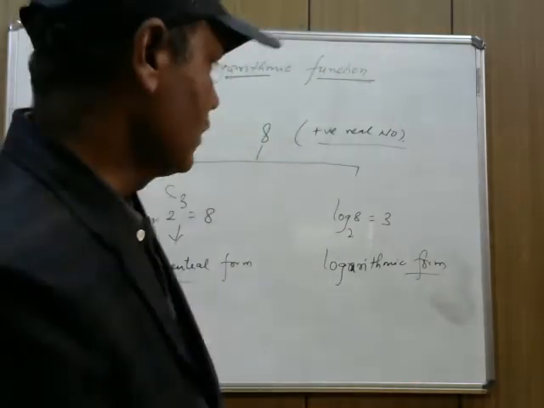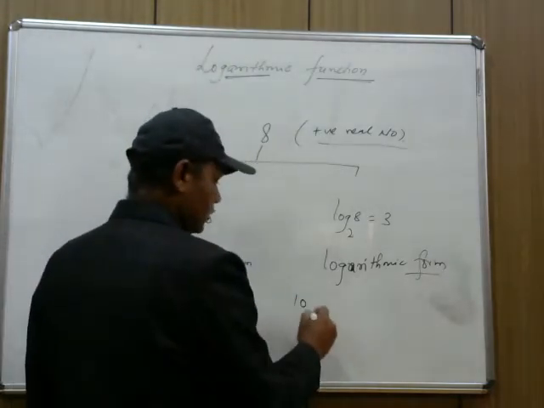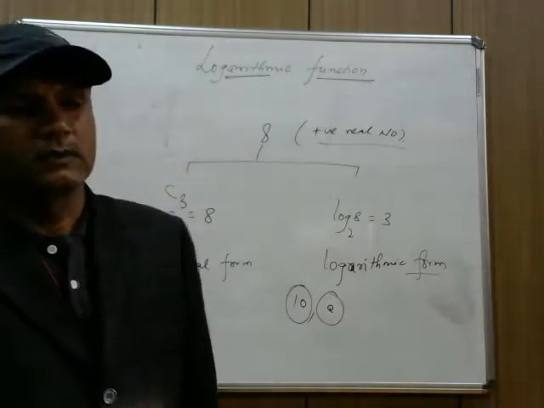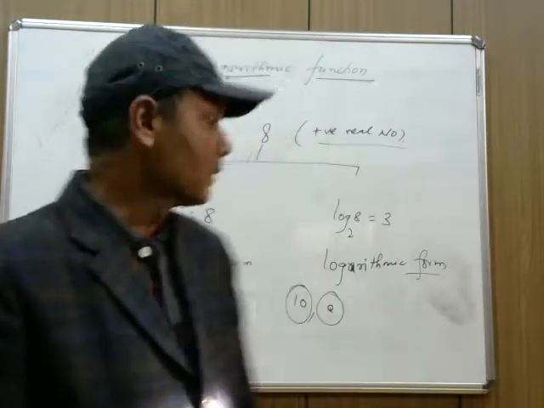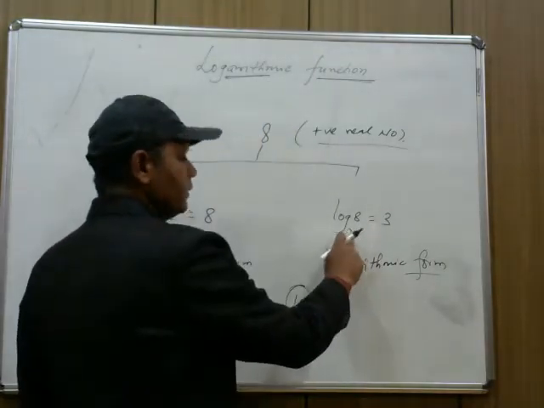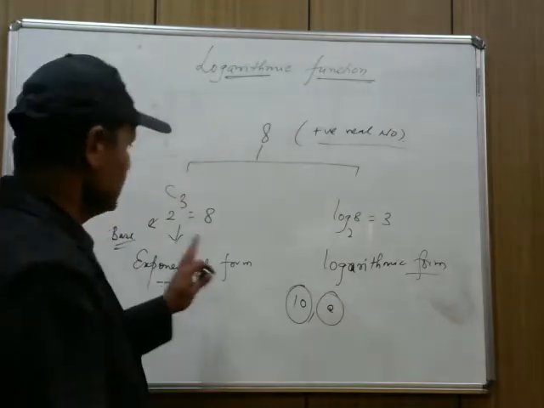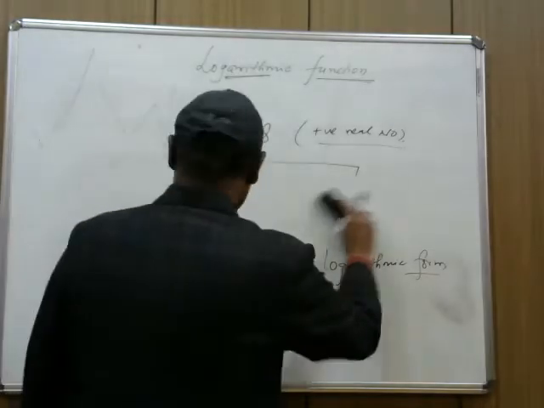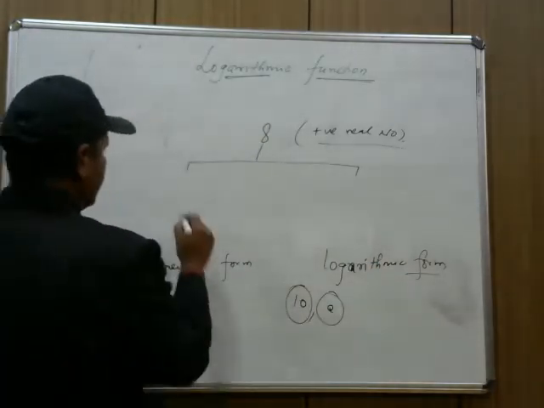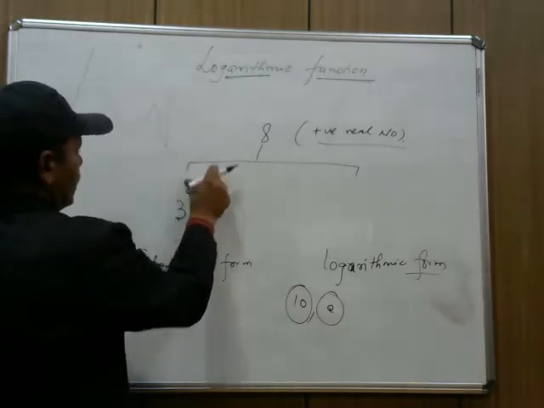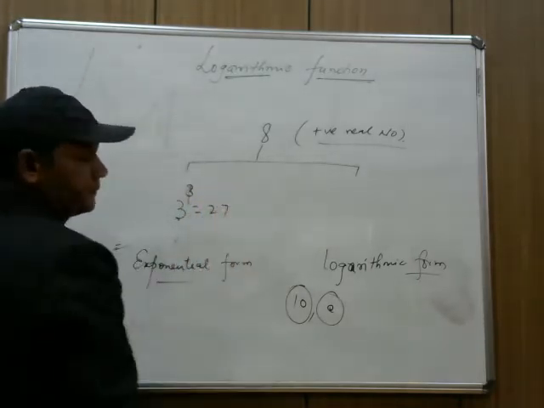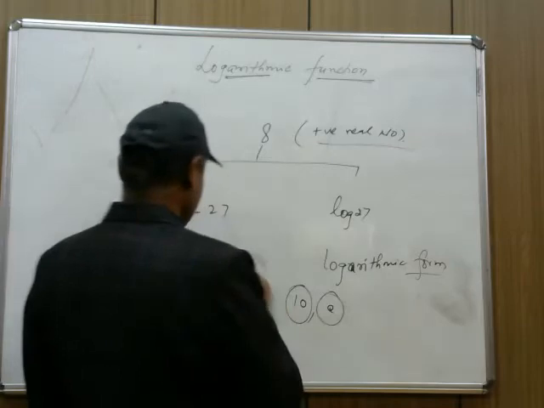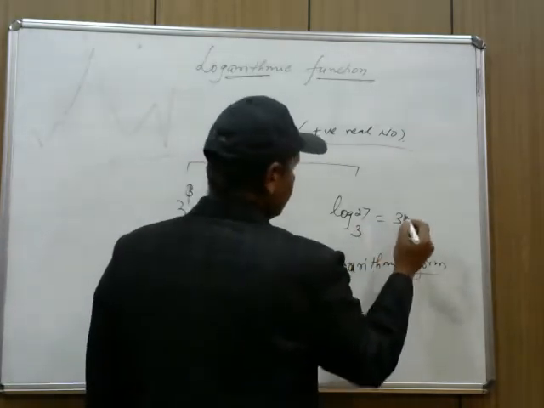In detail, I'll talk later that when the base is 10 or the base is e, then it is called something different: common logarithm and natural logarithm. But right now, it can be any base. Another example: 3 to the power 3 is equal to 27, so log of 27 to the base 3 is equal to 3.